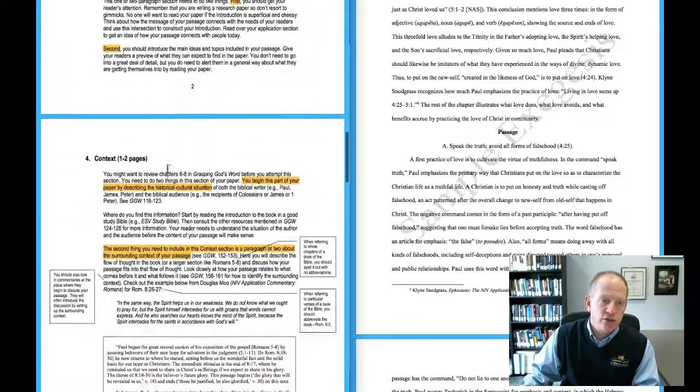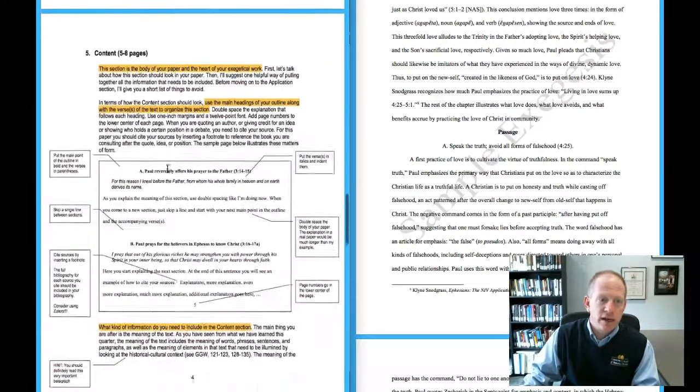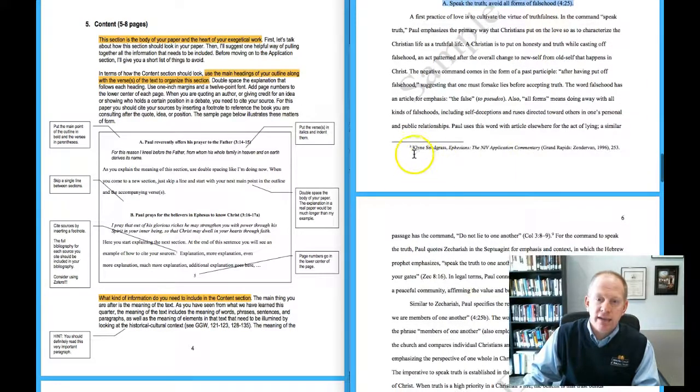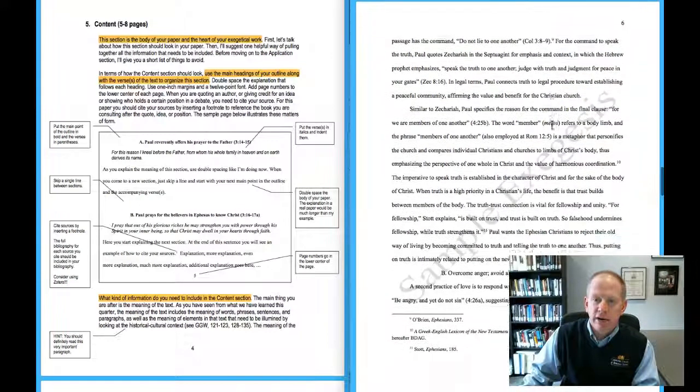And so then as we track through here, we get to our content of the passage. And here's that passage section. There's the main heading, as we saw in that outline a few pages back. Notice we have our footnotes here. Notice what we're dealing with, the words and what's going on. Paul uses this word, and so on.